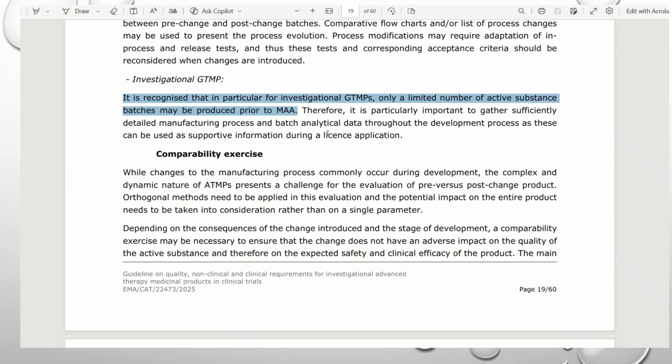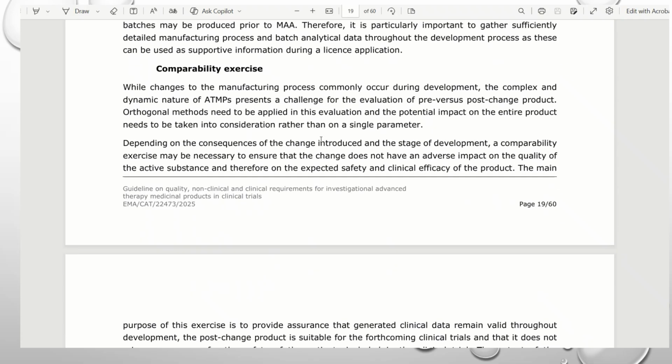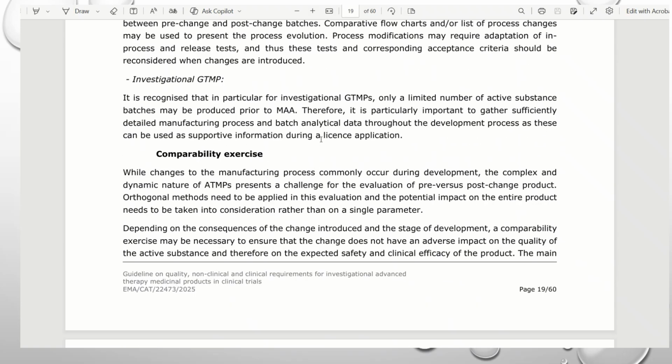So you have to take all of those things into consideration. But comparability exercise is something that is to be expected because you're going to be developing manufacturing methods, analytical methods, and you'll need to demonstrate that you're still able to produce the same or better quality data. And in order to do so, you need to do comparability.